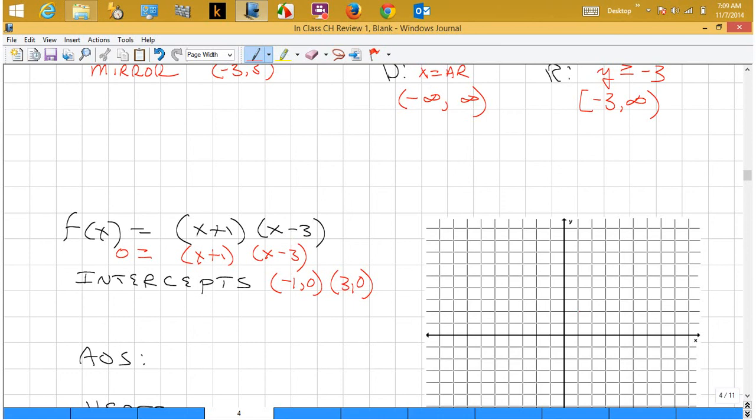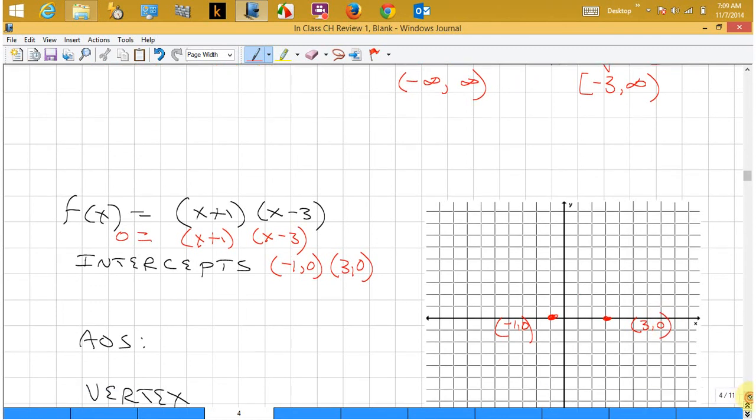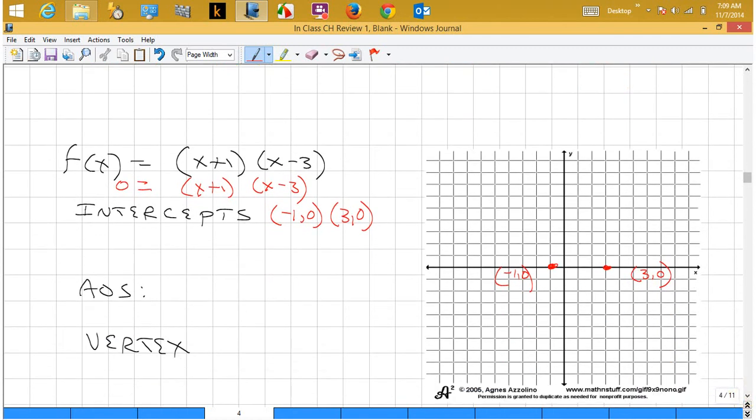So I have 2 points I can already plot. Those are my x-intercepts. They're at (-1, 0) and I have one over here at (3, 0). Now what I need to do is find my axis of symmetry and my vertex. The axis of symmetry will be halfway between those. There are 2 ways to do that.